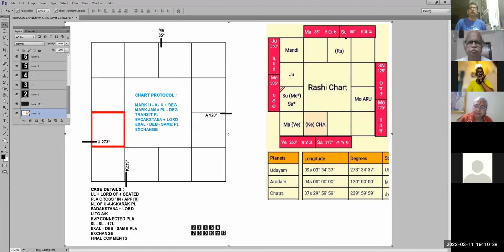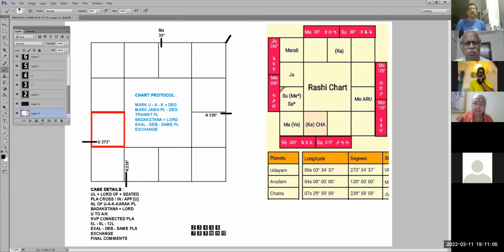Okay. Next one is Sun, 80 degrees. So 0 to 30, 30 to 60, 60 to 80. So from here 60, this is 90, correct? You remember that, no? This is 0, this is 30 degrees, this is 90 degrees, and this is 120 degrees. Correct? So basically, if this is 60 and this is 120, 80 will come somewhere in the middle.